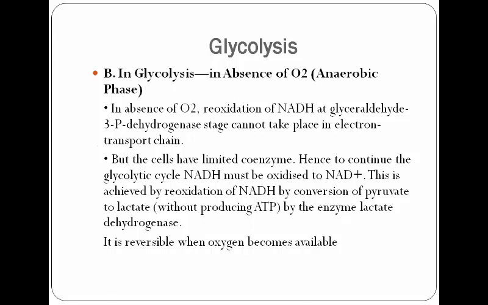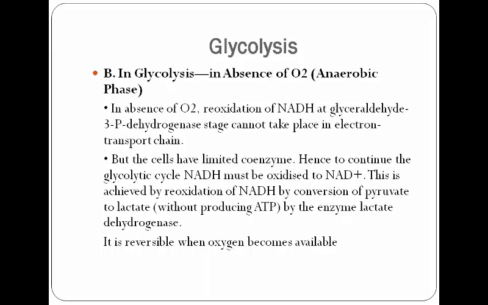As I already told you, the reoxidation of NADH requires oxygen, or mitochondrial oxidation is not there. So it cannot take part in the electron transport chain, and thus the cell usually has limited coenzyme NAD.